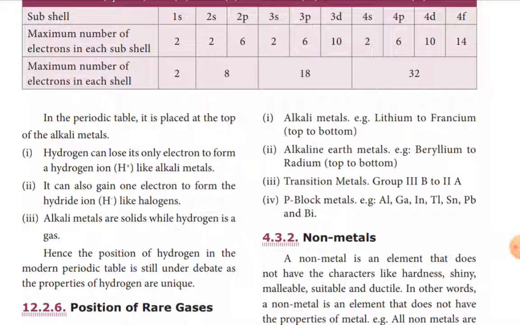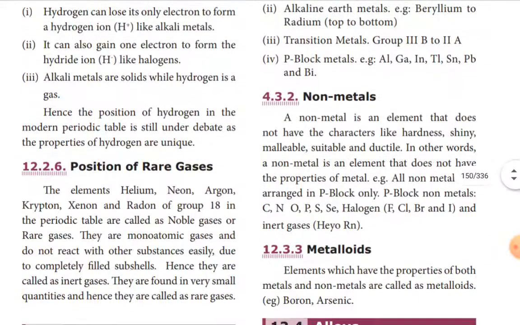So they are categorized into four: alkali metal, alkaline earth metal, transition metal, p block metal. Then non-metal. A non-metal is an element that does not have the characteristics of a metal. That is, they have a very low melting point and low boiling point. They are not as hard as metals.